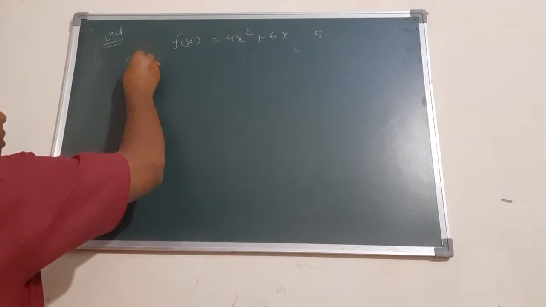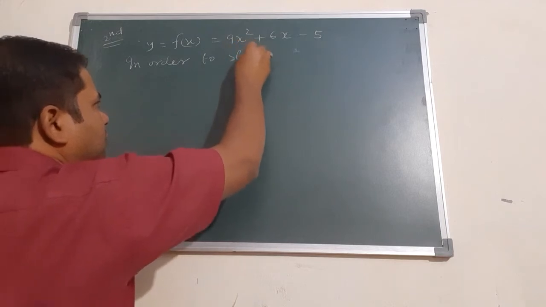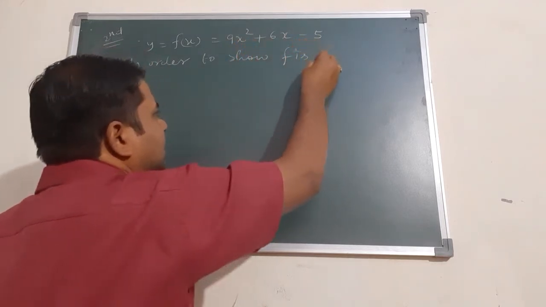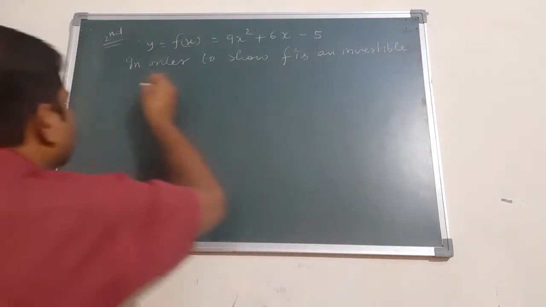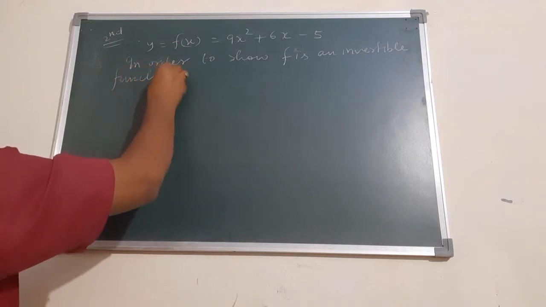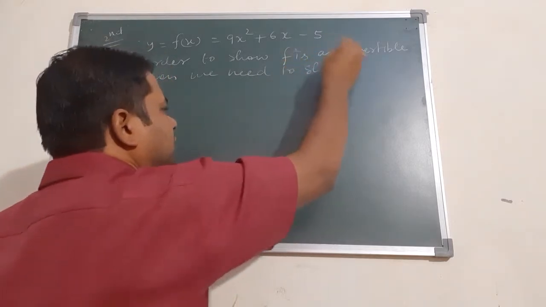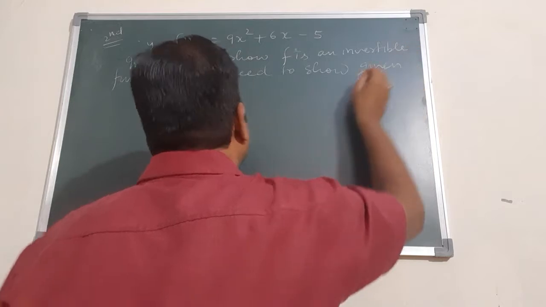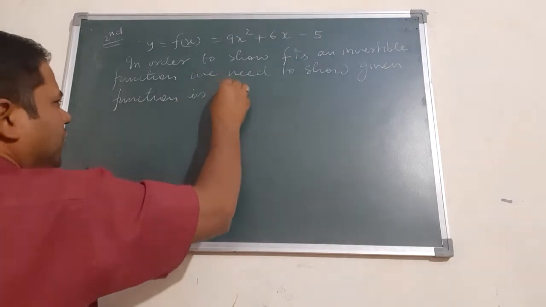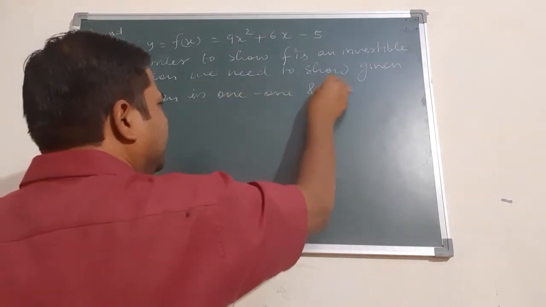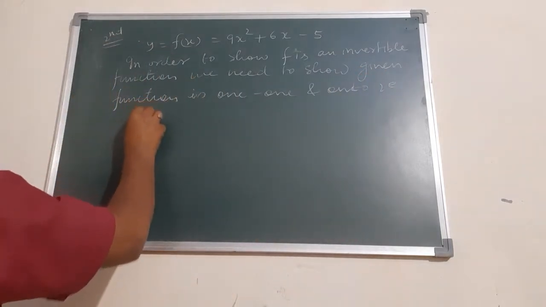So here we write, in order to show f is an invertible function, we need to show the given function is one one and onto, that is, a bijective function.